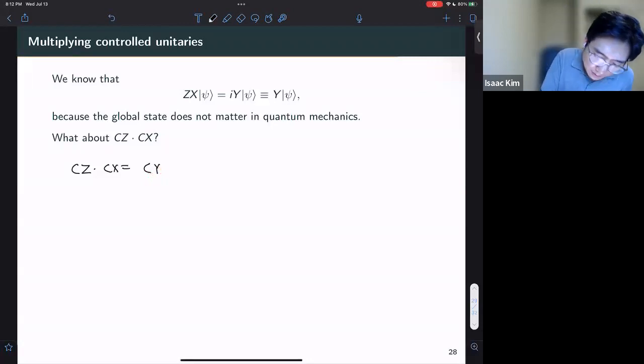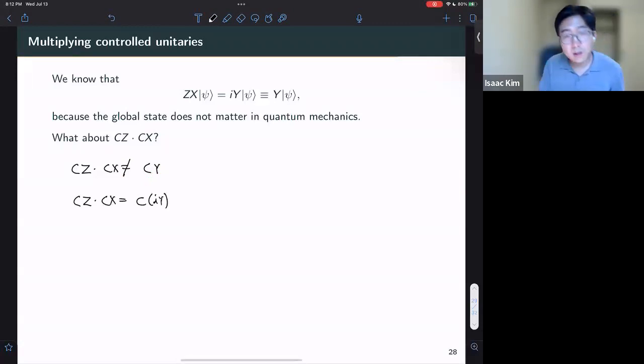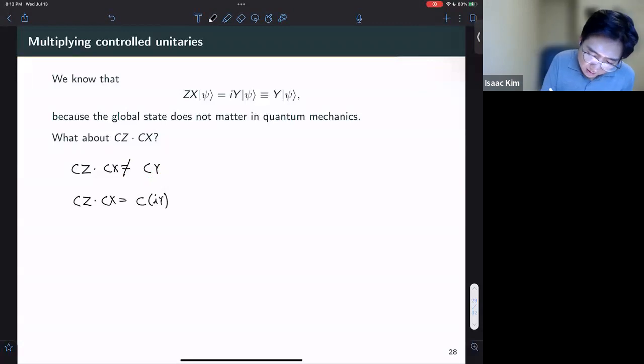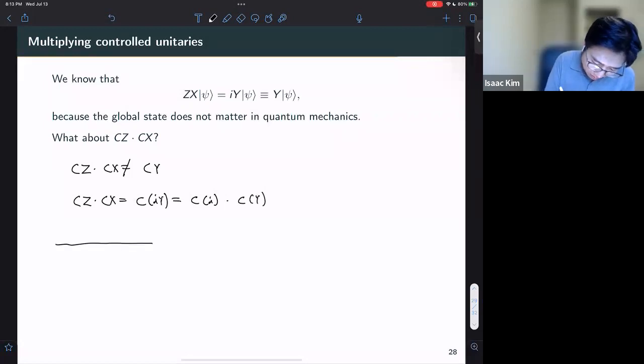But actually, this is not true. It turns out the correct statement is that CZ times CX is equal to C(iY), and this is equal to controlled I times controlled Y. So let me draw this diagrammatically.